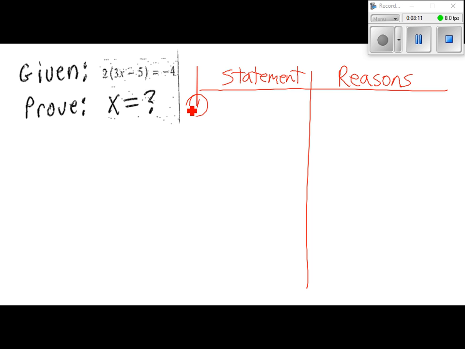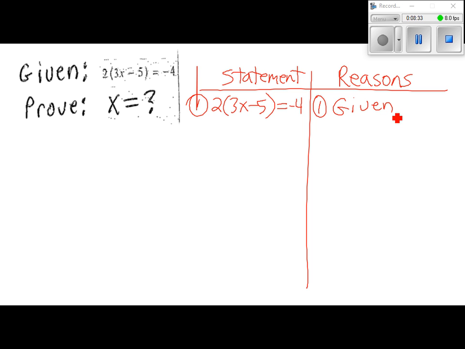What's our first statement gonna be? The given. So 2 parentheses 3x minus 5. How do we know that? What are we gonna do next to start to solve this?